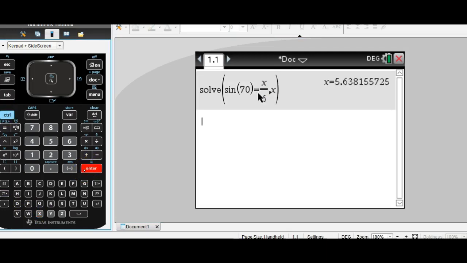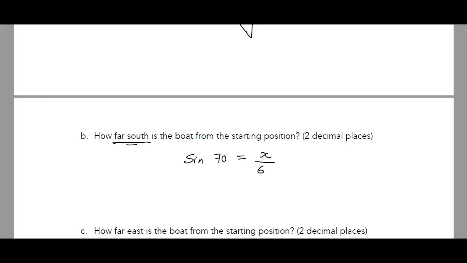That gives us the value for x is 5.64. So the value for x is 5.64. Now the units are kilometers, and that's the distance we have traveled south of the starting position.